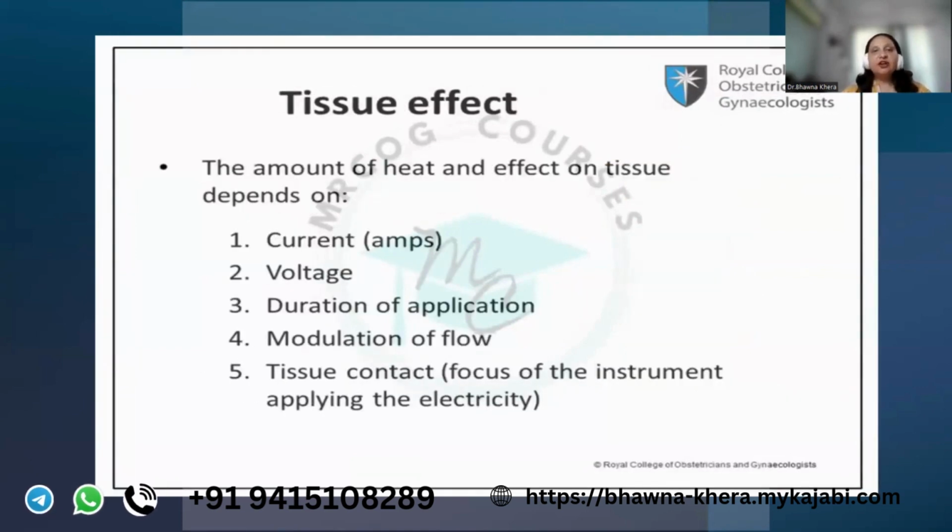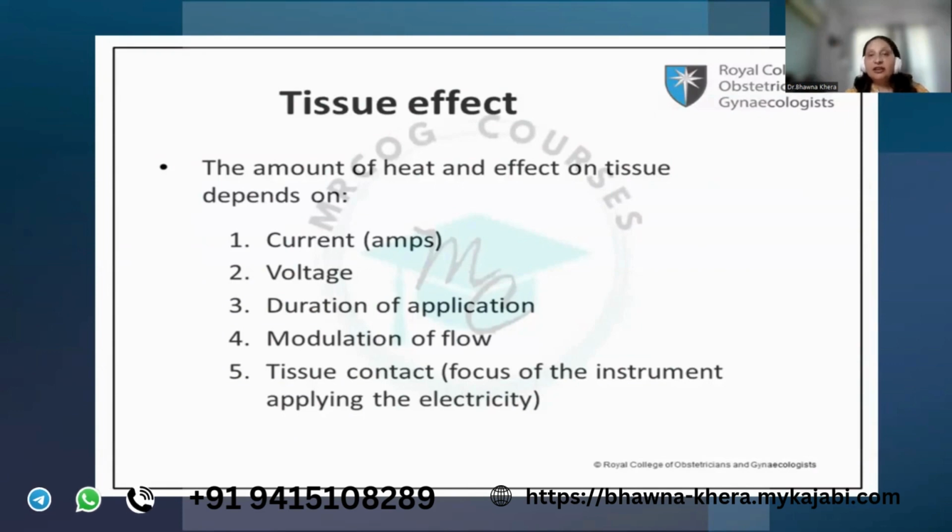So, tissue effect. The amount of heat and the effect on tissue depends on what is the current that is flowing through, what is the force, that is what is the voltage, what is the duration of application, how long you are applying that, modulation of flow, what type of flow you are giving to that tissue, and tissue contact, right?